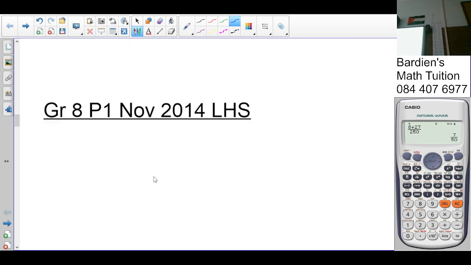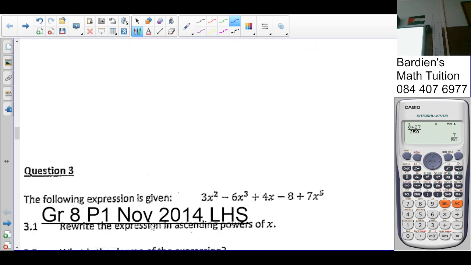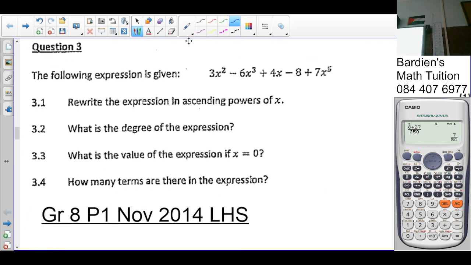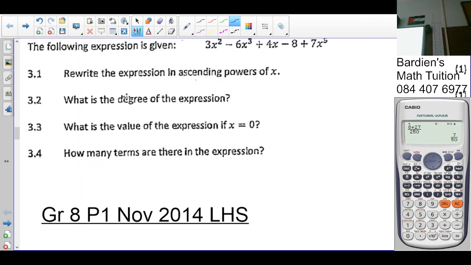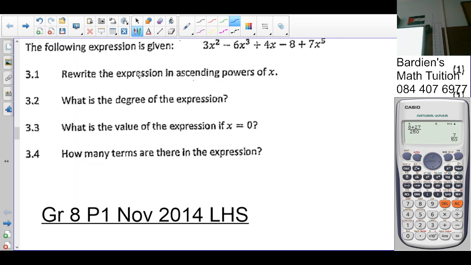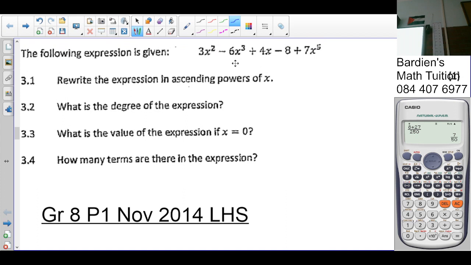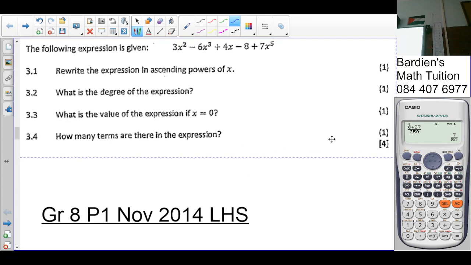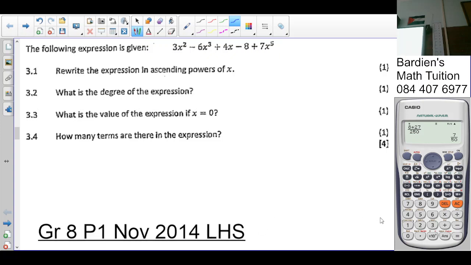But anyway, question 3, please settle down. In question 3 we are given the following expression: 3x squared minus 6x cubed plus 4x minus 8 plus 7x to the exponent 5. The question says write the expression in ascending powers of x. So ascending means what? Smallest to biggest.